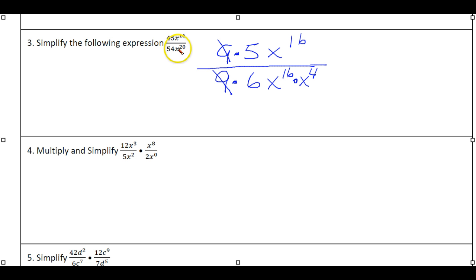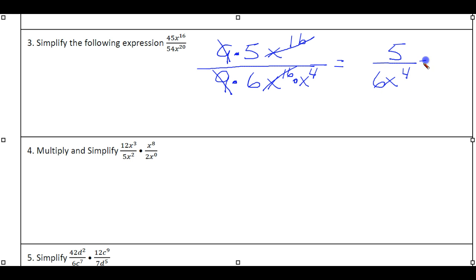In the denominator we could factor that into x to the 16th times x to the 4th, so the x to the 16th would cancel out, and now we're left with a 5 in the numerator and then a 6x to the 4th in our denominator. And it is okay to have a variable in the denominator.